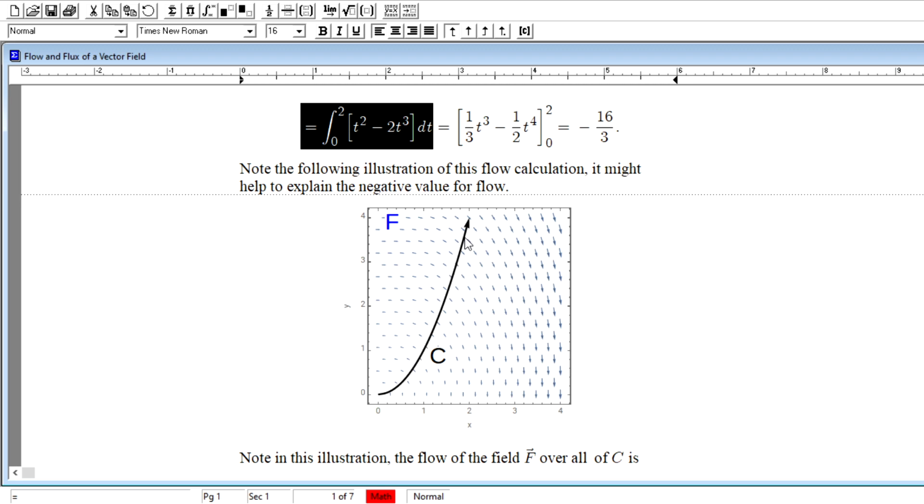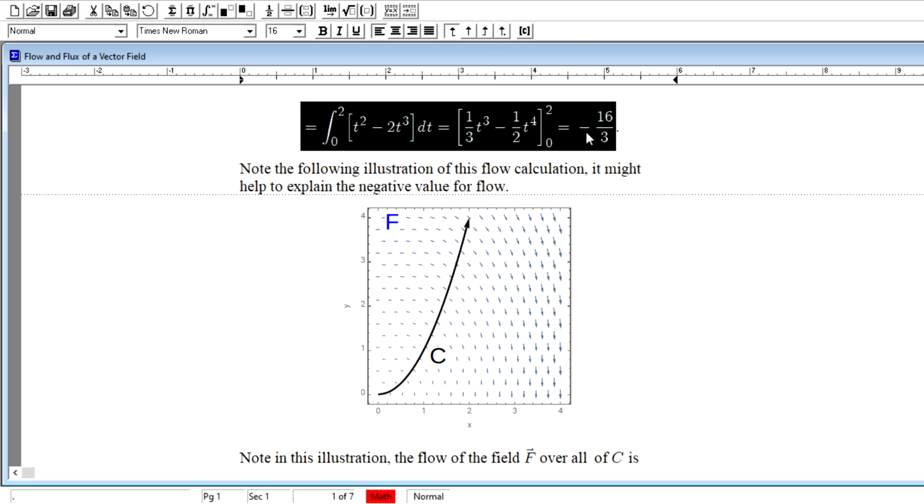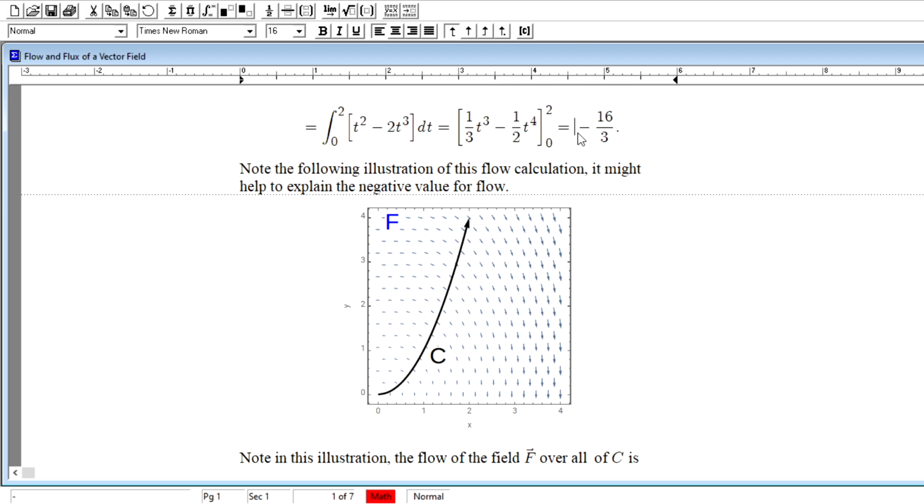We might say it's impeding some of the flow along that curve. How much is it impeding the flow along the curve? Well, that's what we just calculated right here. This negative 16/3 is the measurement of how much the field is working against the forward motion along that curve.